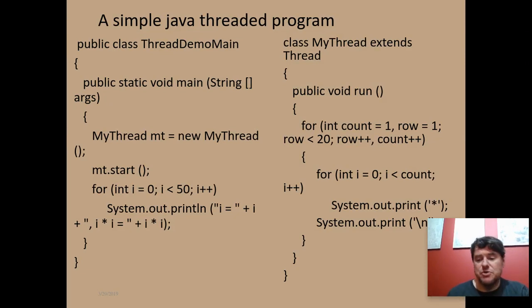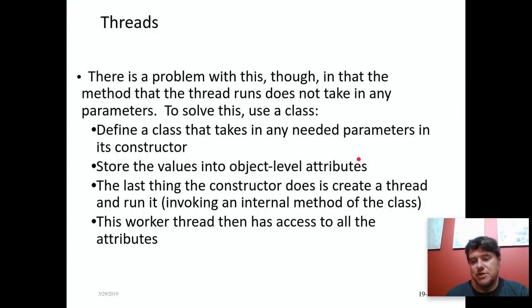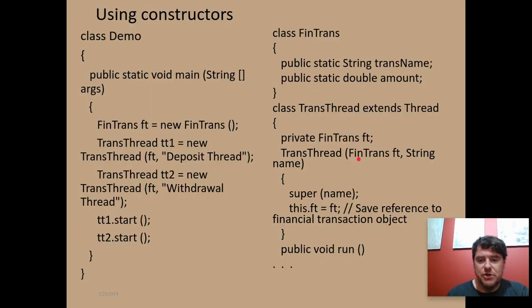So if that happens, what you're going to have to do is encapsulate the data that you're trying to send as another object, and then you can invoke that object inside of the thread so that you can get the information over there. So that's what this second example does. We still have our main, and what we're doing here is creating a new object called FinTransactions, and that is this class up here.